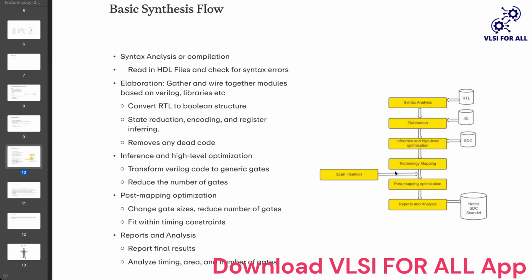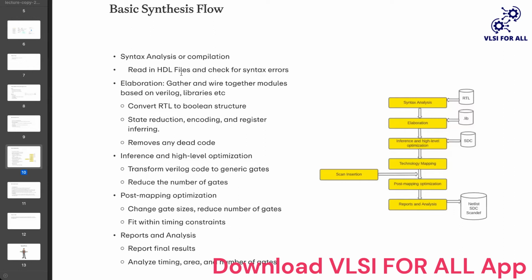It changes from company to company. Some people do it in between the synthesis flow, some people do it after the synthesis is done. So it varies. After the technology mapping is done, post-mapping optimization happens. And after the optimization, you write out your reports and analysis. You also write out your netlist, SDC, and scanf that we saw in the previous.